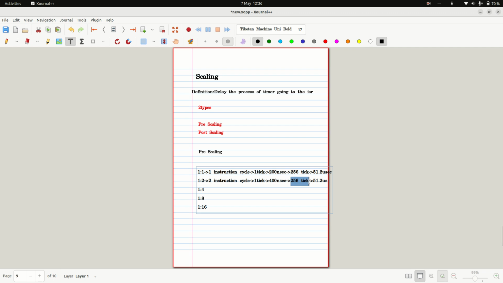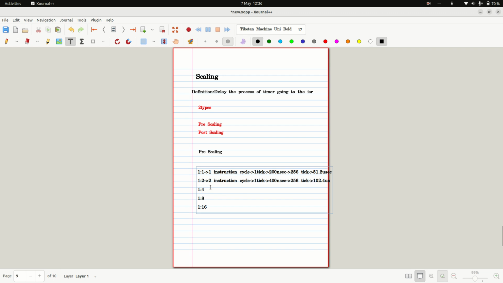After 256 ticks, an interrupt is generated, and the duration is 102.4 microseconds. So, this is 1:2 scaling.